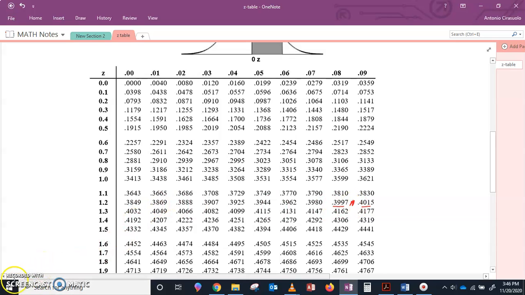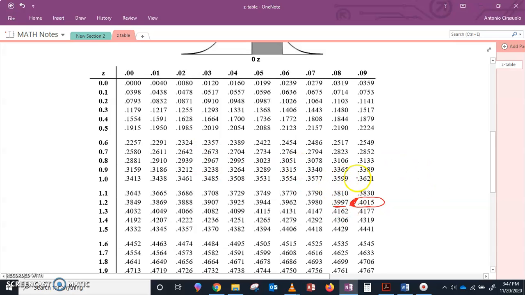Now, in this case, 0.3997 is closer to 0.4, but it is preferable to go with the larger of the two values. Once again, this actually increases the standard of our test.